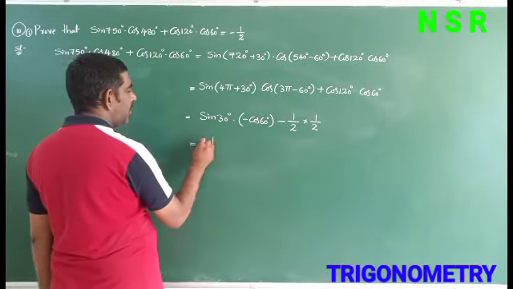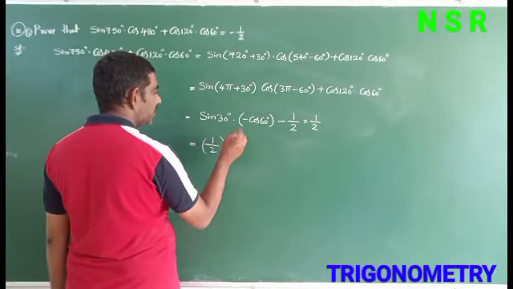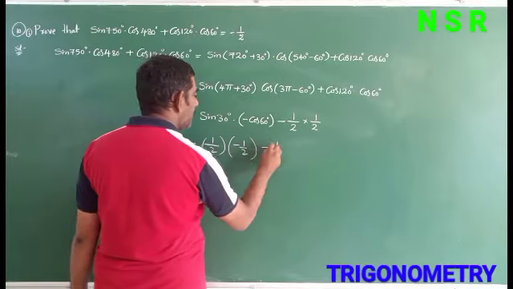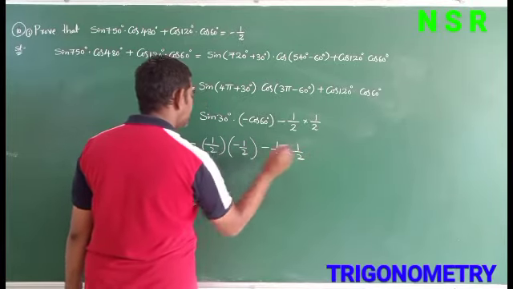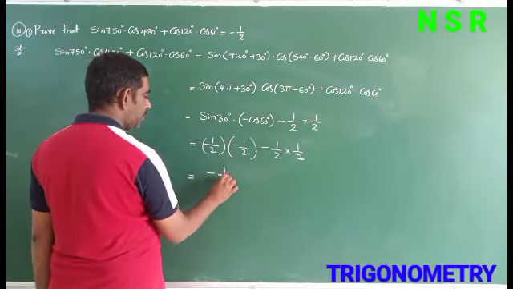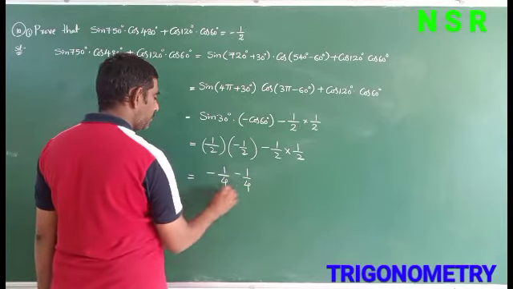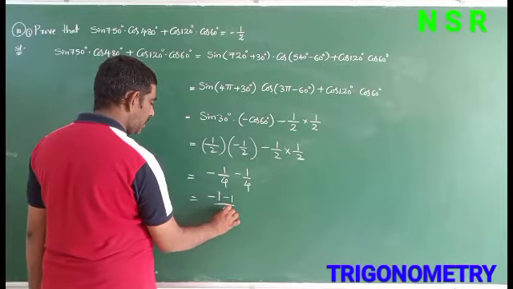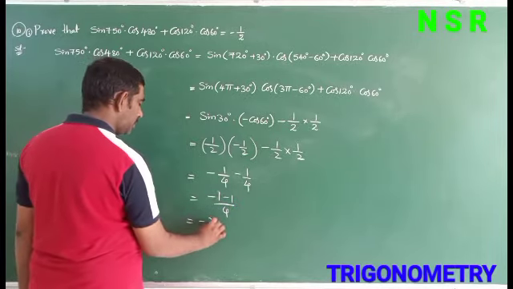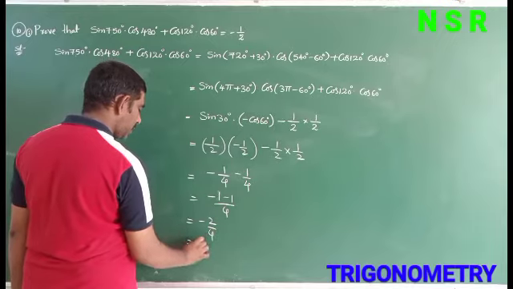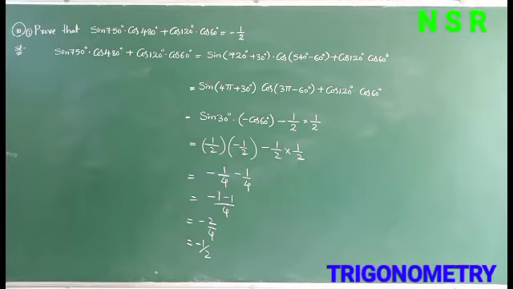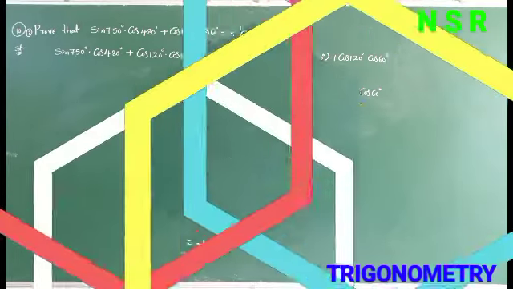Now sin 30 value is 1 by 2, into cos 60 value minus 1 by 2, minus 1 by 2 into 1 by 2. So minus 1 by 4 minus 1 by 4, so minus 1 minus 1, minus 2 by LCM 4. So minus 2 by 4 we get minus 1 by 2. So this is our value, hence proved.